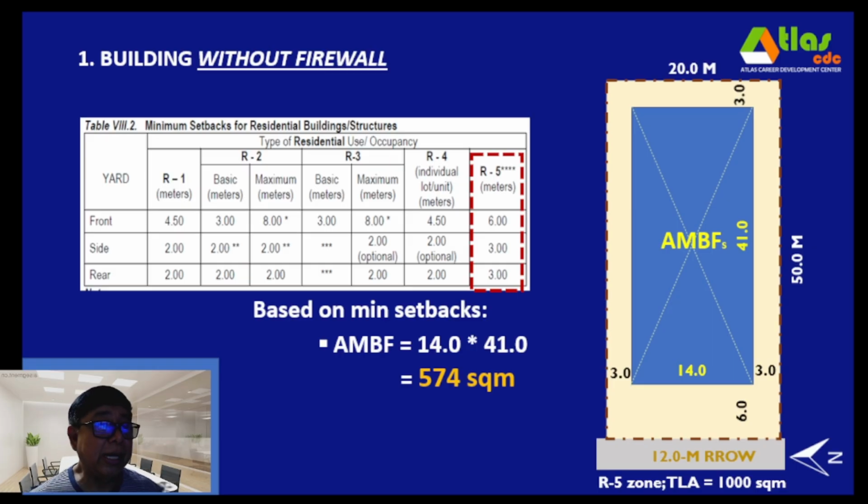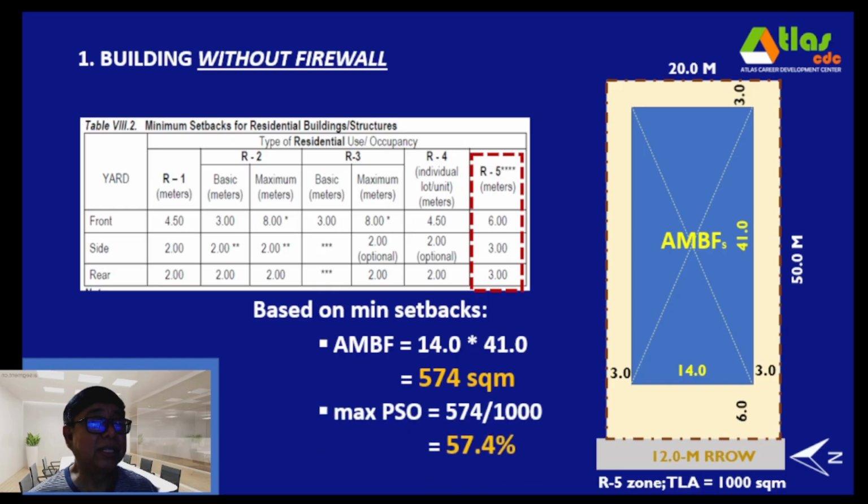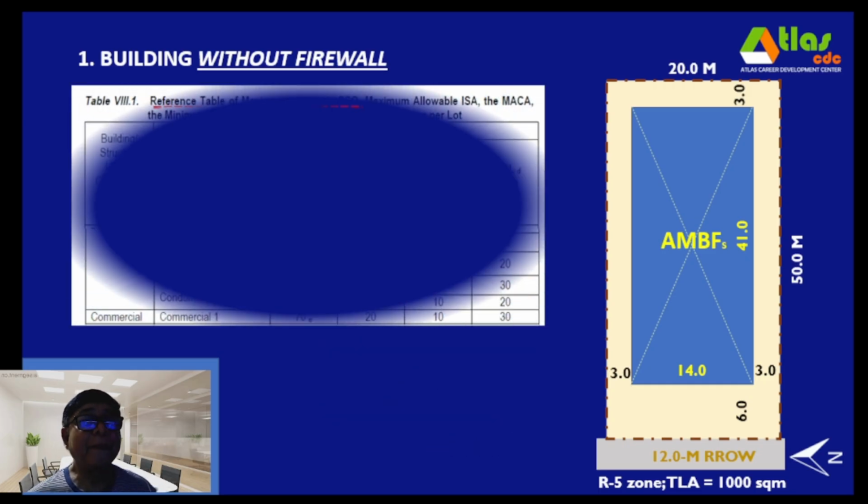We will get the AMBF of 574 square meters, and our maximum PSO based on the minimum setbacks at 574 over 1,000, our TLA, will give you 57.4%.